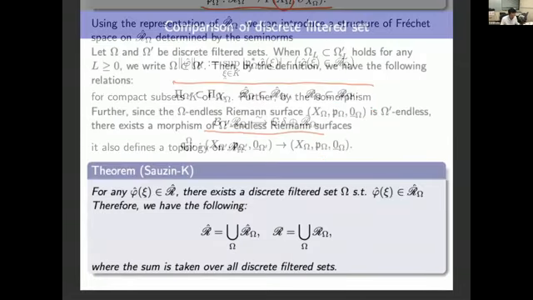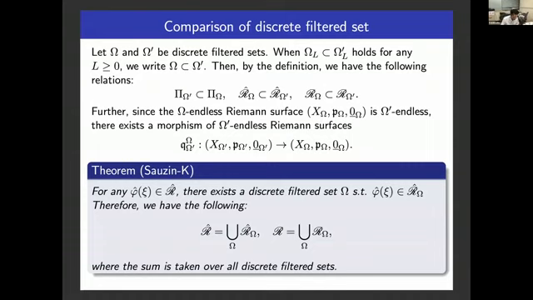So now we explain a little about a comparison of discrete filtered sets. Let omega and omega prime be discrete filtered sets, and when omega_L contains omega prime_L for any non-negative L, we write omega is contained in omega prime.